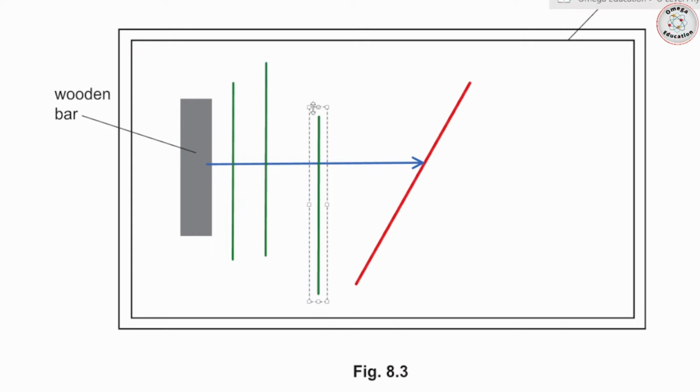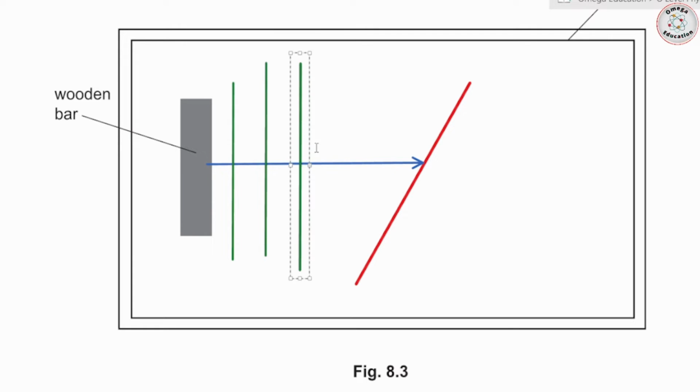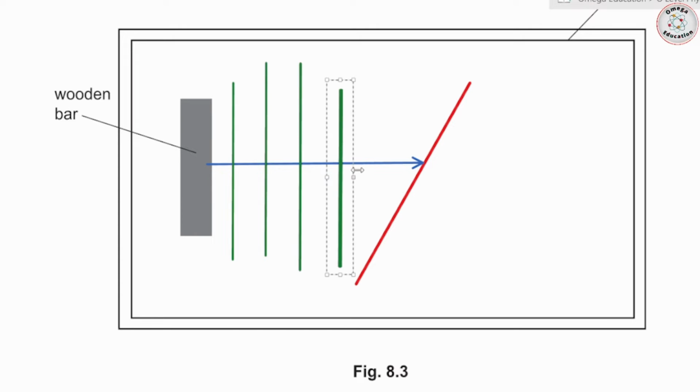Then another one here. And the distance between these waves has to be constant, because the distance between two consecutive wavefronts represents the wavelength.